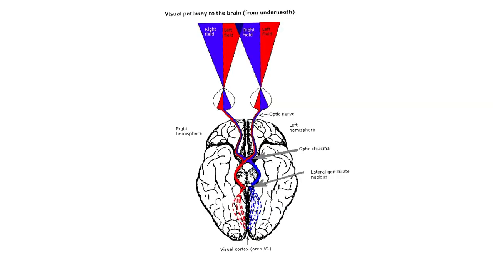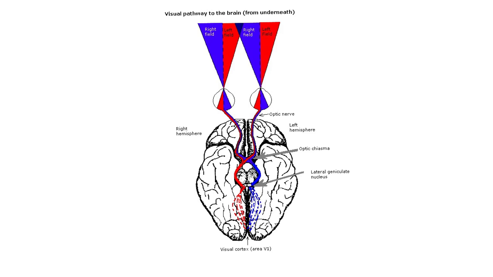What you'll notice in this figure here is that information from each eye goes to the back of the brain, which is the occipital lobe. The visual cortex, where we see, is located in the occipital lobe, or the back of the brain. And what you'll also notice is that some information crosses over to the other side of the brain, while some information stays on the same side of the brain.